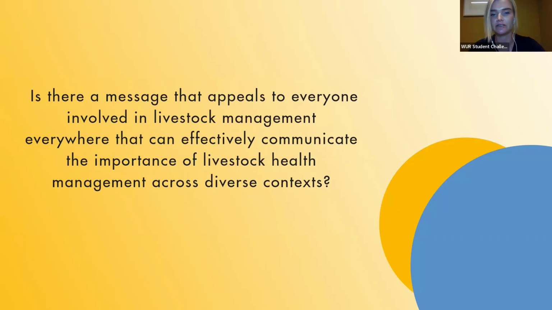On the other hand, in lower income countries, there's less livestock per person, meaning more people come in contact with these livestock, and there are maybe fewer measures in place yet. So that's actually one of the statements we're going to discuss as well.